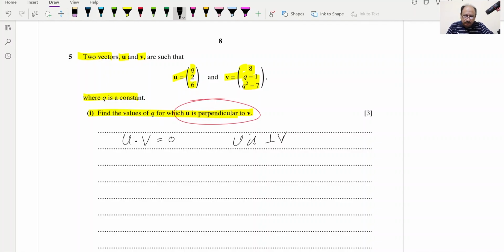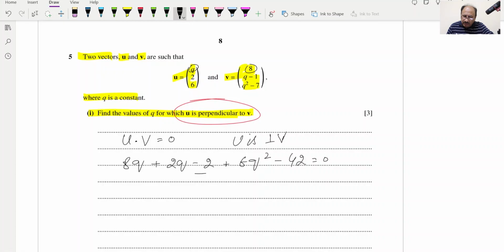So we can write i dot i, so 8 multiplied by q, so we can write 8q, plus 2 into q minus 1, so it will be 2q minus 2, plus 6 into q squared minus 7. So it will be 6q squared minus 42, and this will be equal to 0.